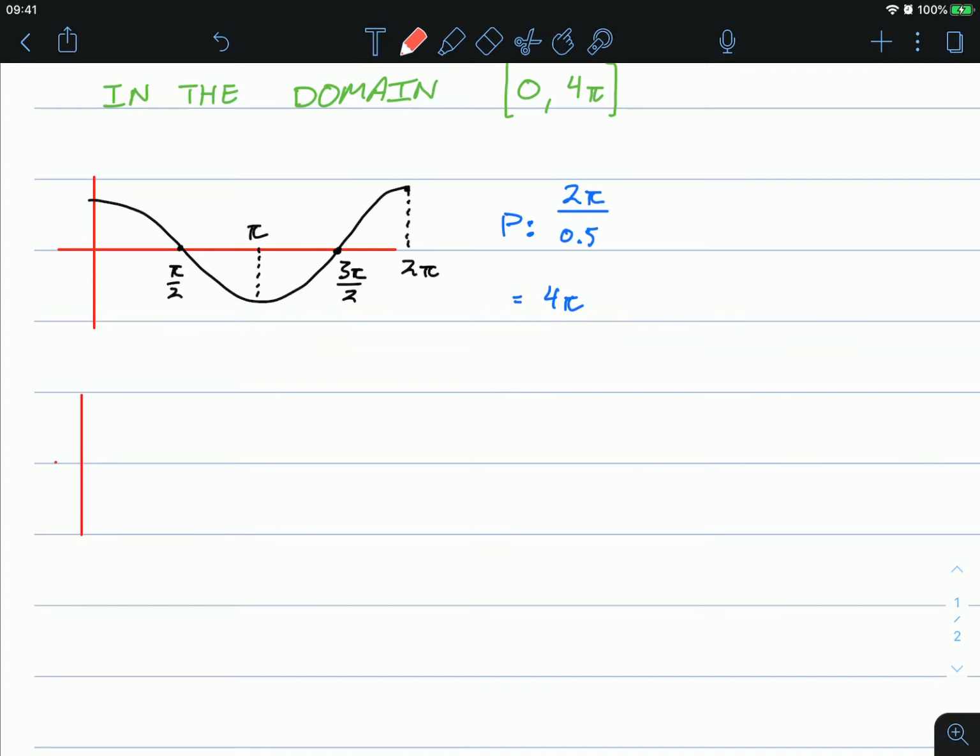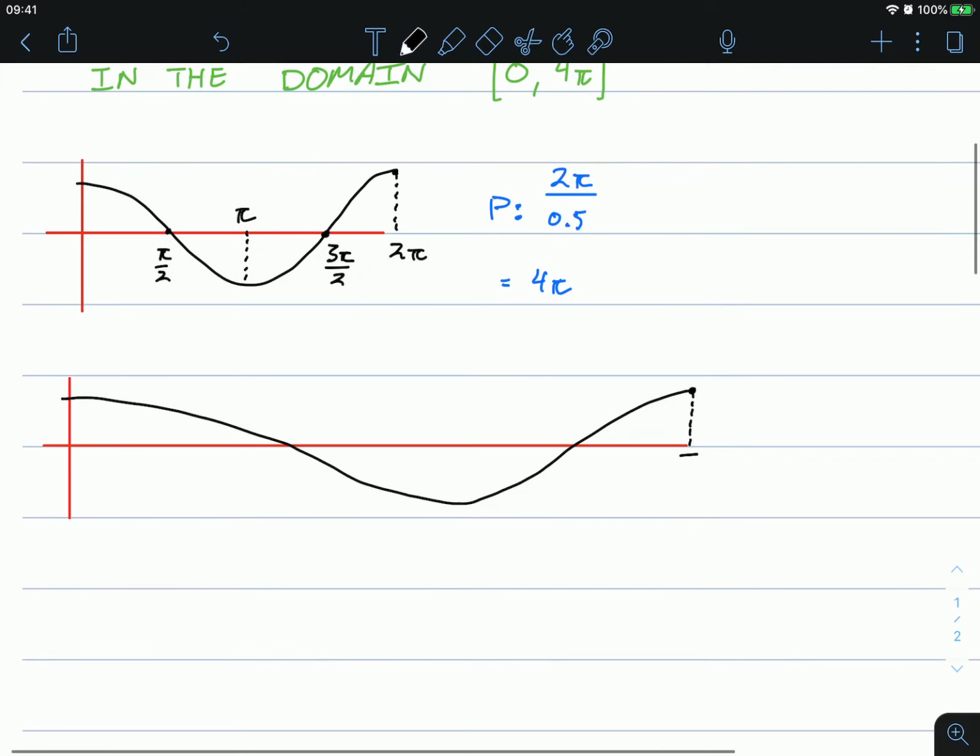So sketching this out, it looks something like so. So this end point is at 4 pi, and all the other critical points have now been dilated horizontally. So this was originally at pi here. They're going to be doubled the distance from the y-axis.